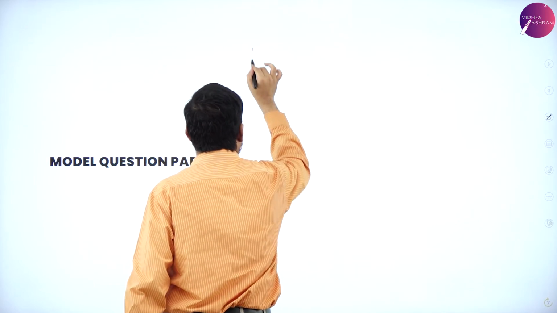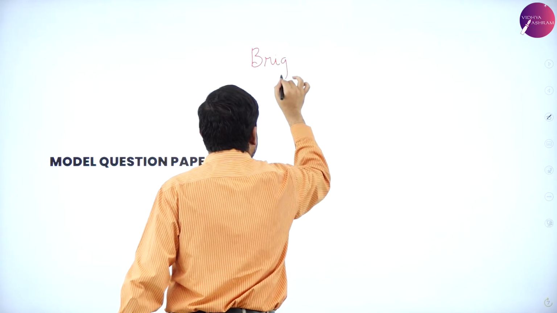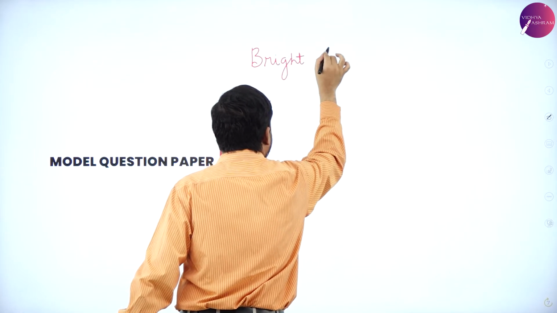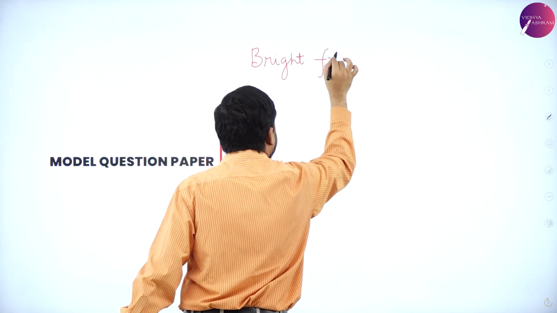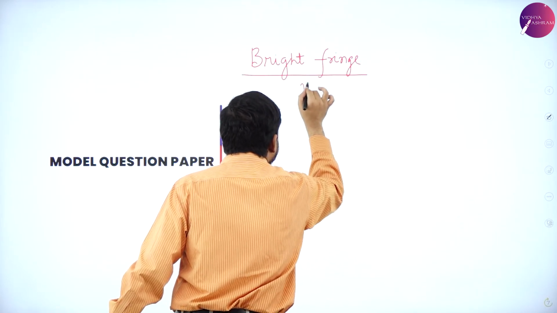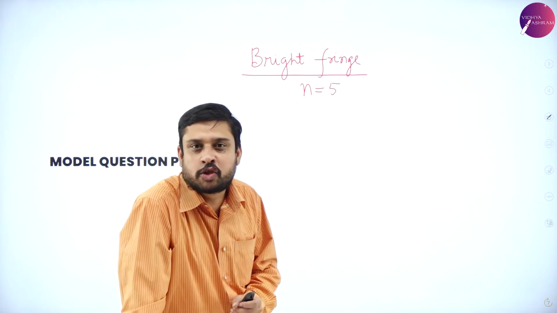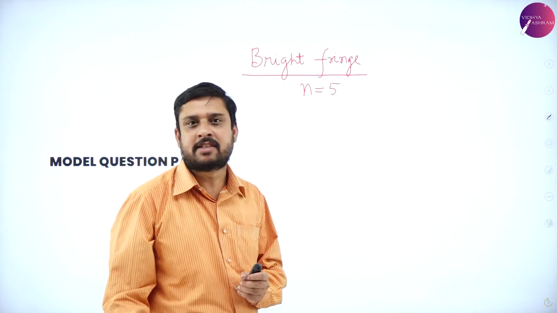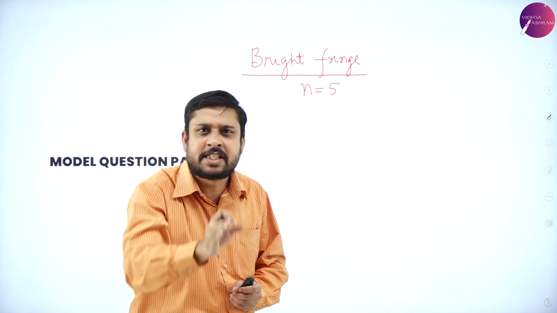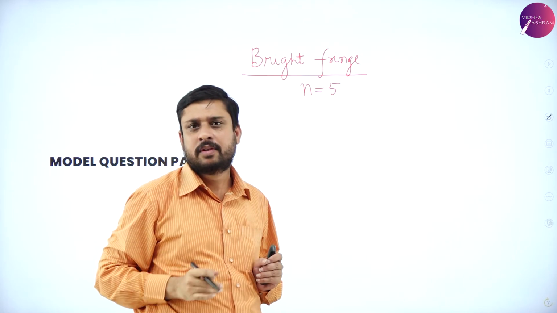Now, the bright fringe is given, fifth bright fringe, so n is 5. I have also told in my concept class, when it is a bright fringe, whatever number it is named, write down.